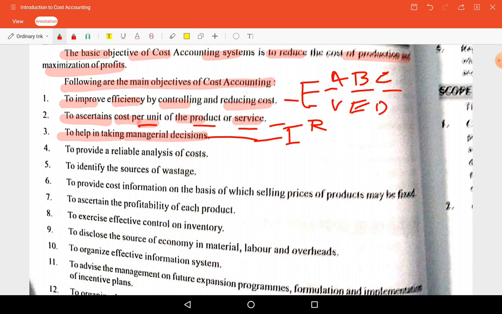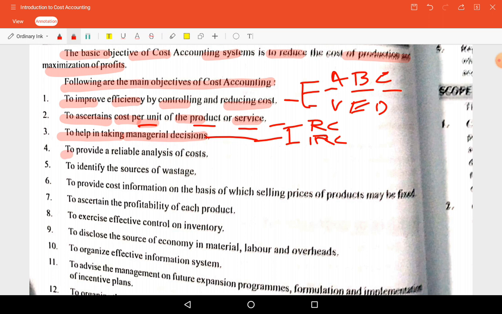Relevant cost, irrelevant cost, fixed cost, variable cost: based on different situations, management will take the decision based on the nature of the cost. So classification of cost will help the management to make decisions. That is one more point.